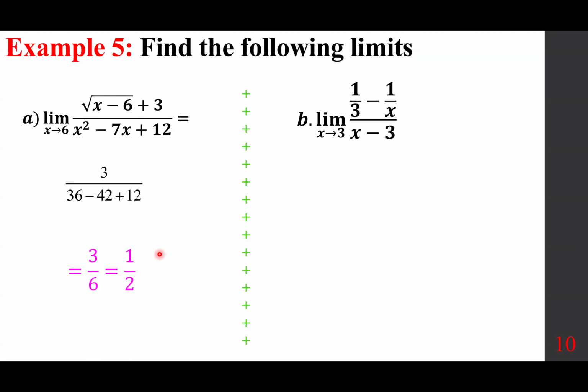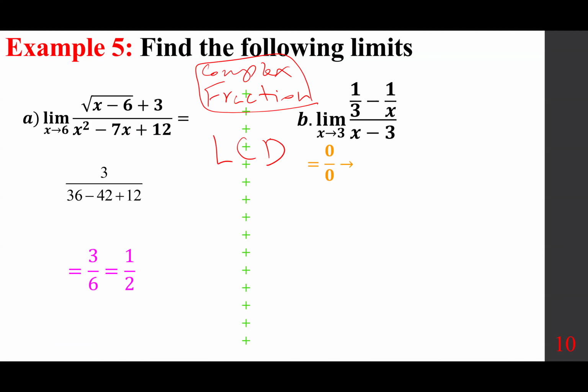This is a complex fraction. If you plug in, because you get 0 over 0, you have to multiply the top and the bottom by the LCD, which is 3x. Since x is approaching 3, creating 0 in the denominator, we are hoping to get rid of x minus 3.